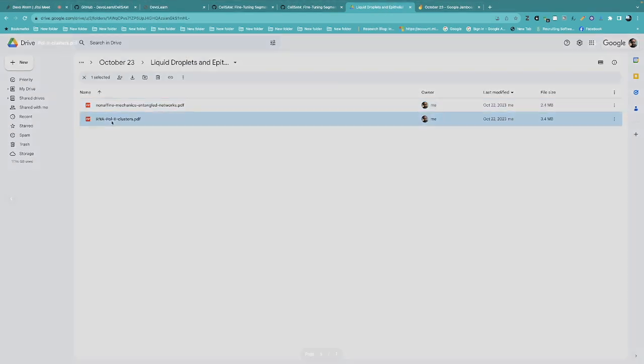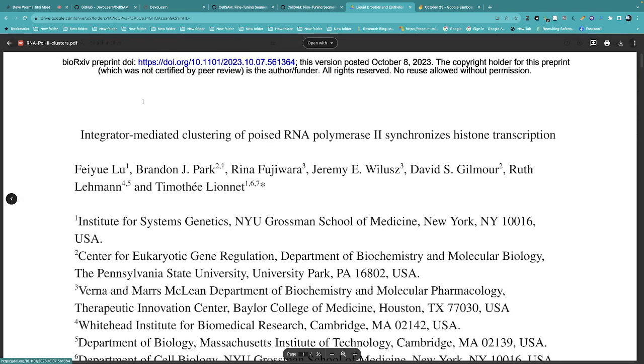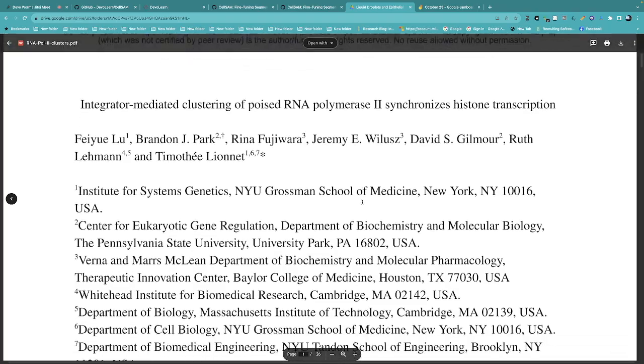So then the other paper in this folder, I don't know if I'm going to be able to get through this paper, but I'm going to give a very high-level description of what it is. This is integrator-mediated clustering of poised RNA polymerase II, which is the Pol-II, the thing that's involved in transcription, synchronizes histone transcription.